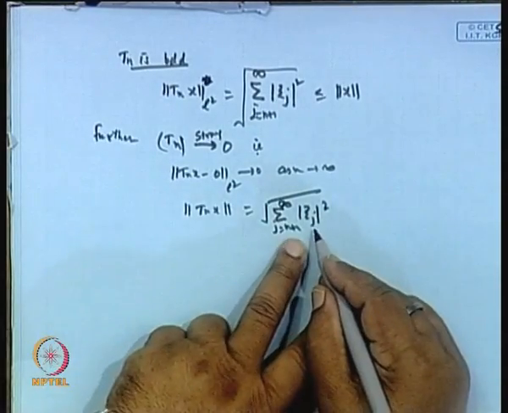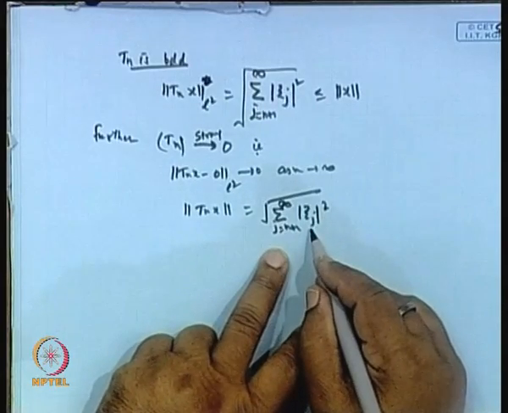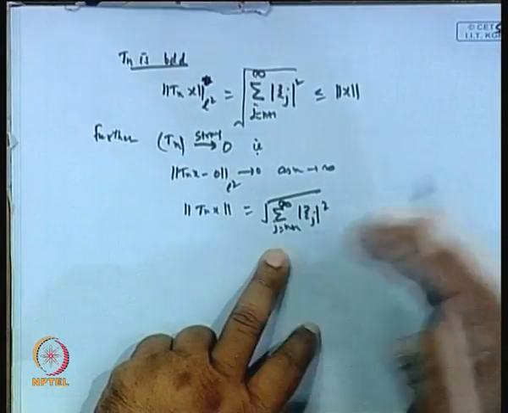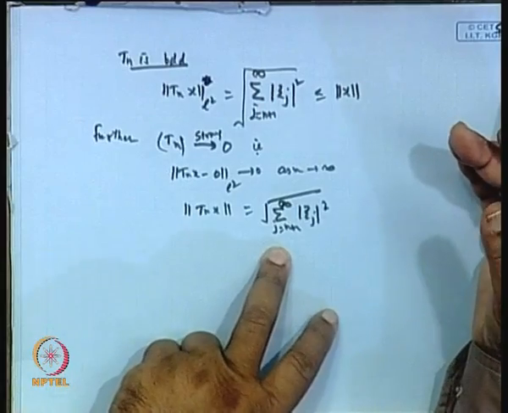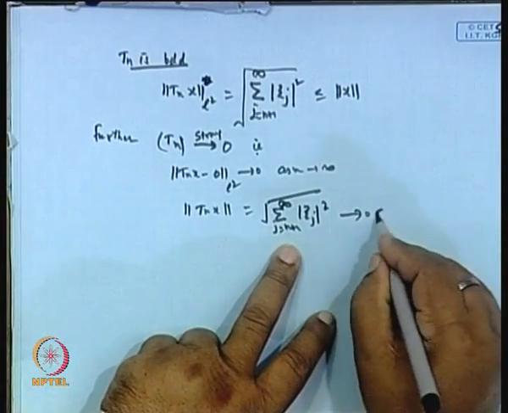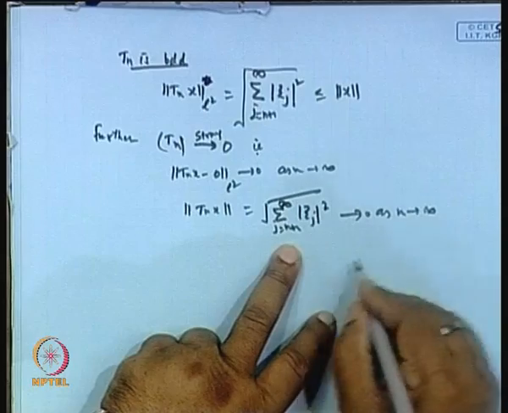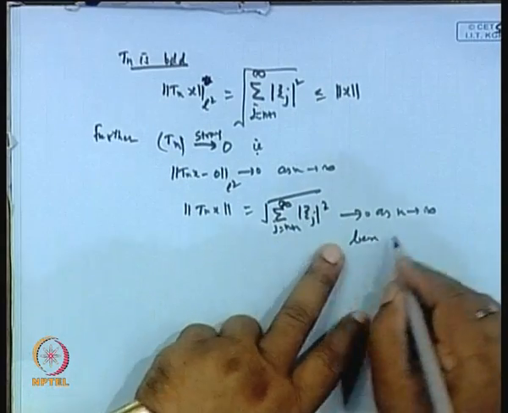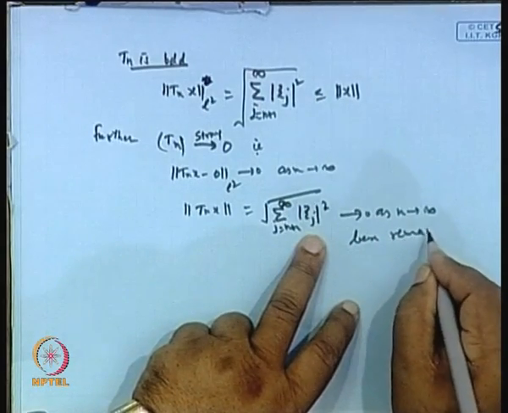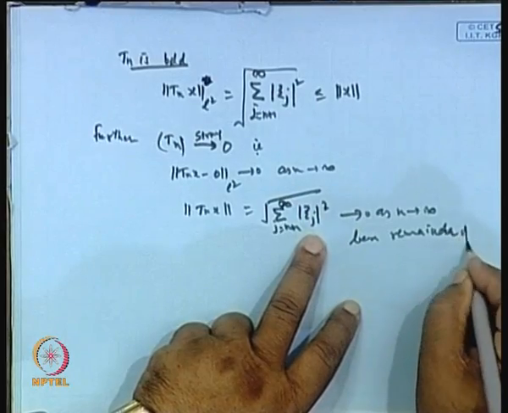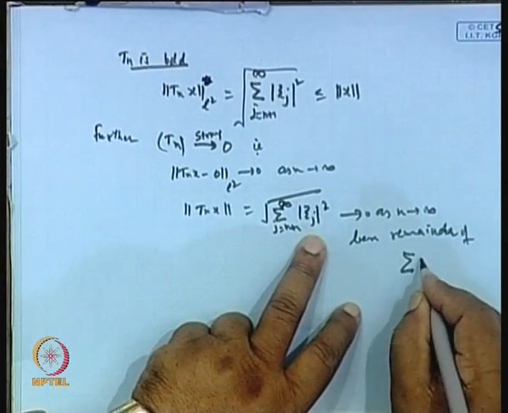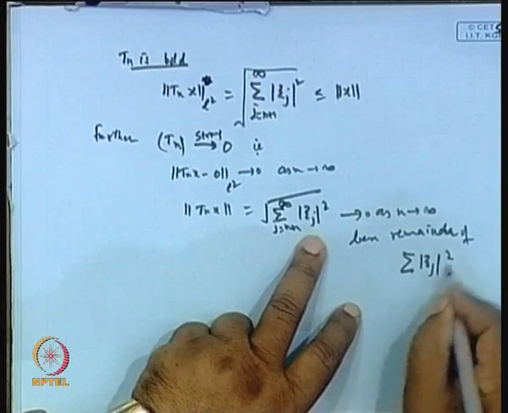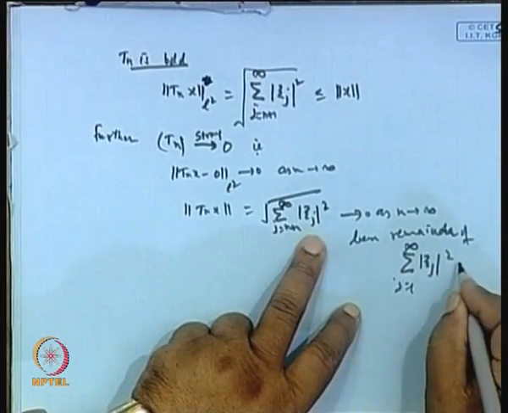Now, this is a series after the nth term, so it is the remainder of a convergent series. So, this goes to 0 as n tends to infinity, because this is the remainder of the series sigma mod xi j whole square, j equal to 1 to infinity, which is convergent.